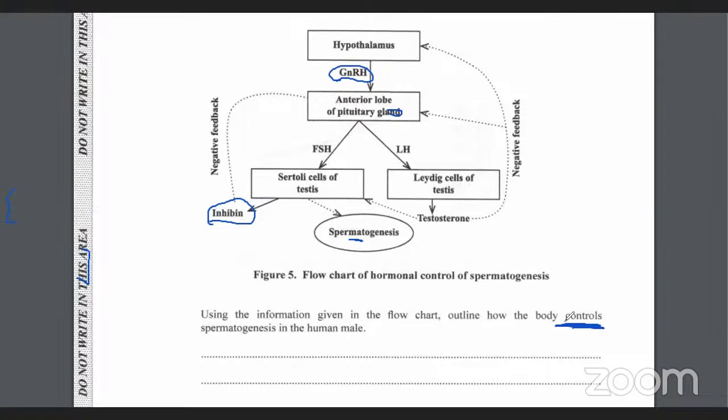So to control spermatogenesis, you need to control the production of FSH and LH. And that is controlled by inhibin and testosterone. Because inhibin and testosterone act on the pituitary, both of them, while testosterone only acts on the hypothalamus. So that is how it is controlled.